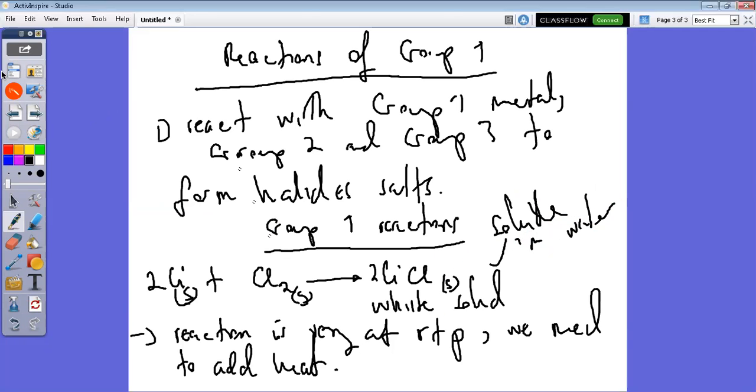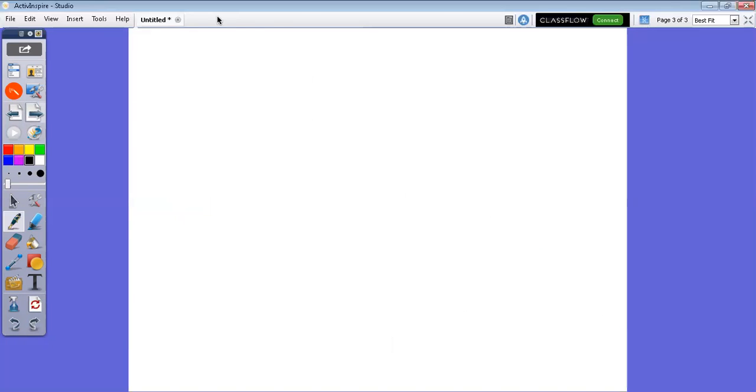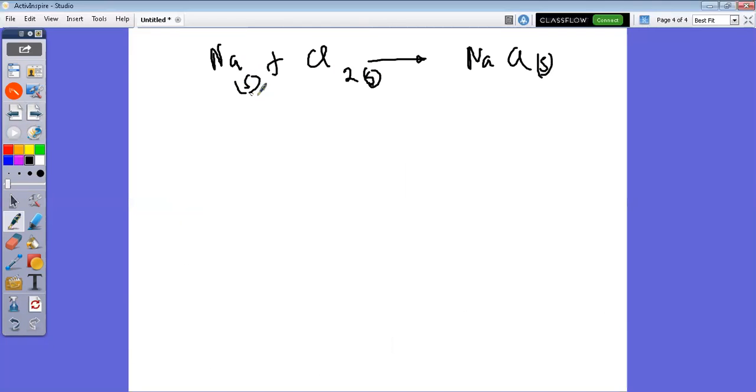Now the sodium plus chlorine gives you your table salt. You know it, sodium chloride. By now you should know this chemistry. This is a solid. These are just states if they were to ask for states. Again, a white table salt, sodium chloride.